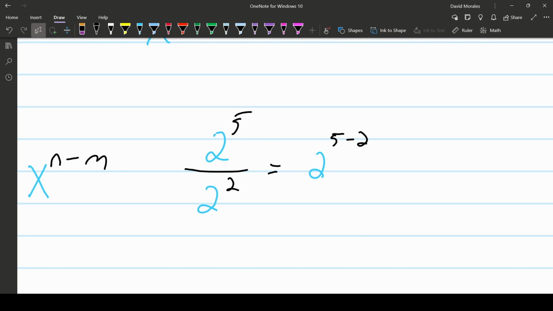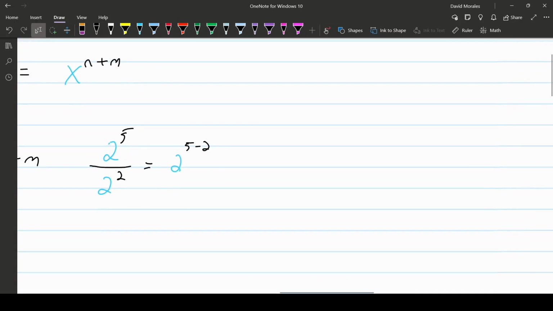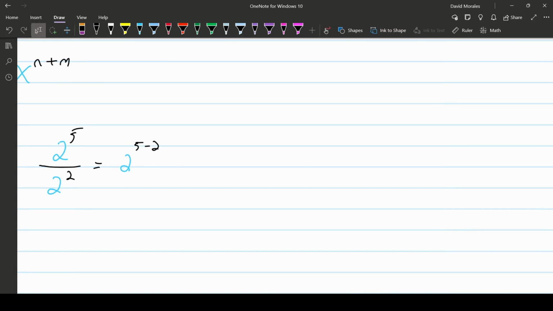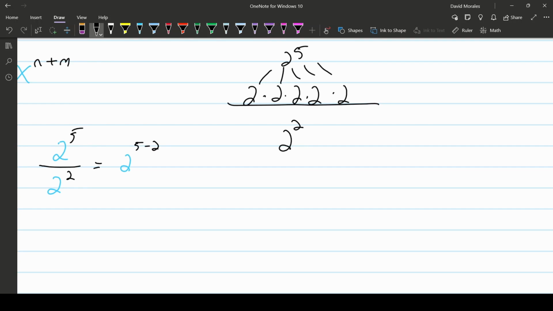If you ever ask the question why, I can explain this in detail. 2 to the 5 is the same as 2 times 2 times 2 times 2 times 2. That's five 2s, that's what 2 to the 5 means. And if I'm dividing this by 2 to the second, which is the same as just two 2s, what is 2 divided by 2?